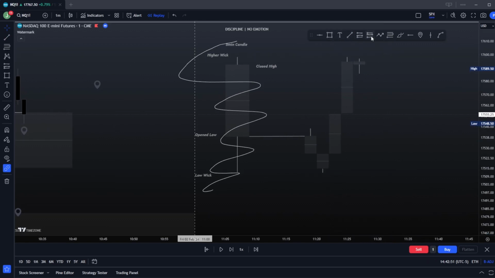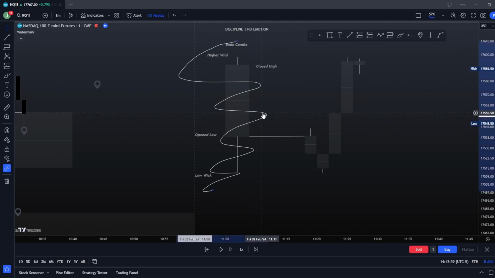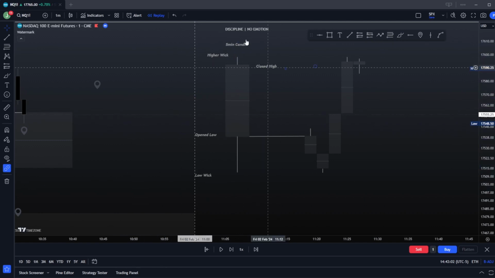This is a series of 1-minute candles, but it is directly correlated with how the 5-minute candle looks. So how this 1 minute looks is how this 5-minute looks.